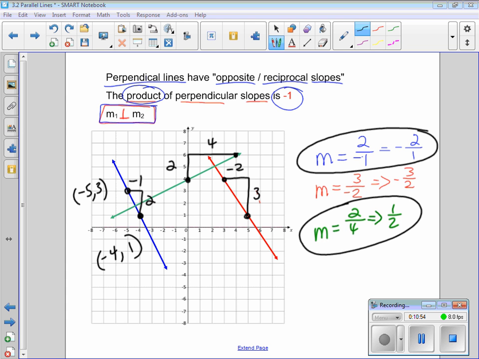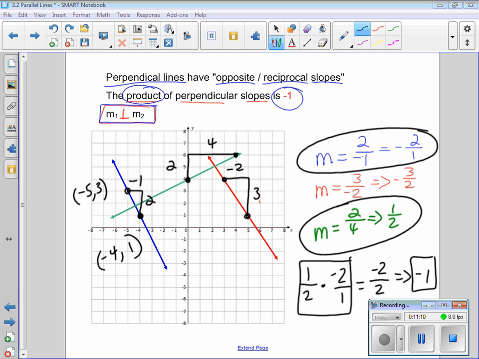One's positive, one's negative, and reciprocal. They're flipped. Now we could take the product and multiply them to just double check. And sure enough, those two slopes, when multiplied, equal -1. That means that the blue line and the green line are perpendicular.